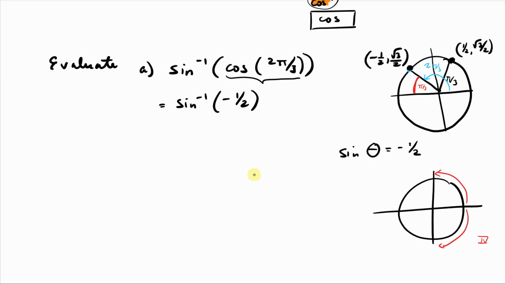We're probably here. So what point would have a y coordinate of minus 1/2? Well, the x coordinate would be root 3 over 2. So that would correspond to this reference angle with coordinates of root 3 over 2, 1/2. I know this is pi over 6, so this must be minus pi over 6.